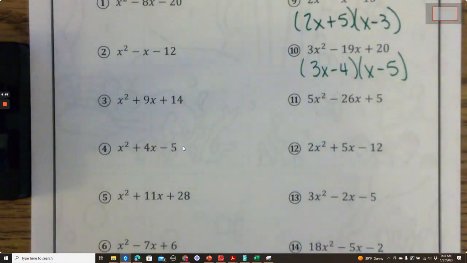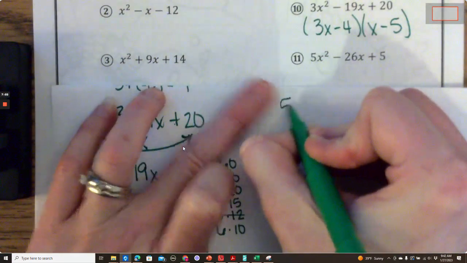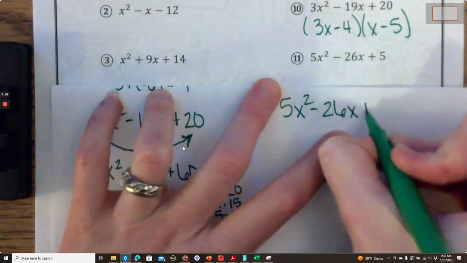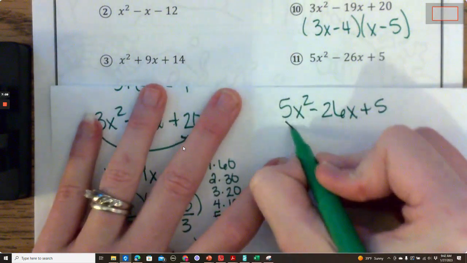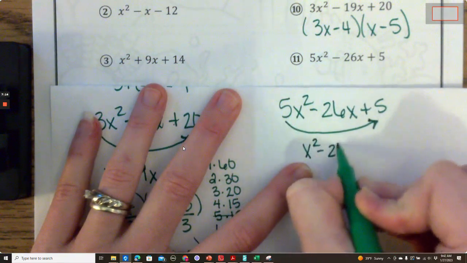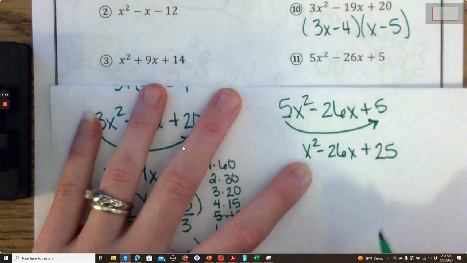All right, number 11. 5x squared minus 26x plus 5. So we're going to slip the 5. So x squared minus 26x, 5 times 5 is 25.